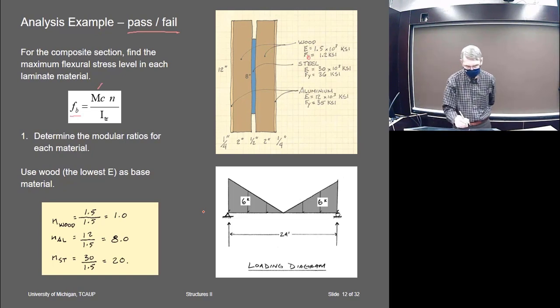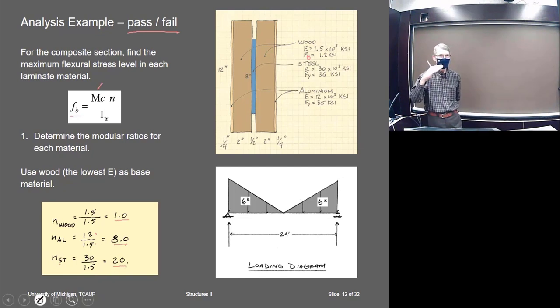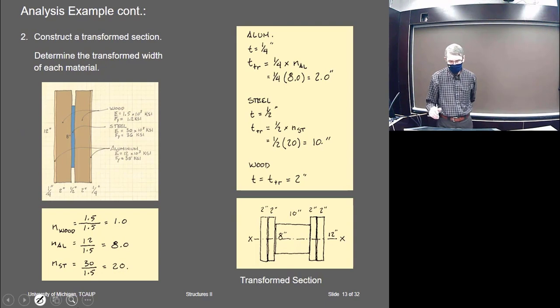Okay, so we get the modular ratios. For the wood, it would be 1.0. For the aluminum, we put the aluminum over the wood. These are the ones we figured, and the steel comes out as 20. So those are the scale factors that we're going to scale the widths by to get the transformed section.